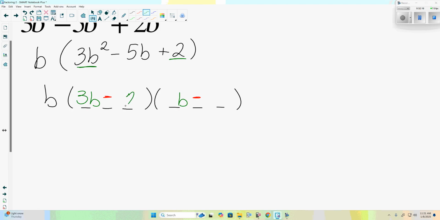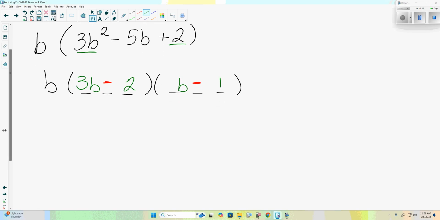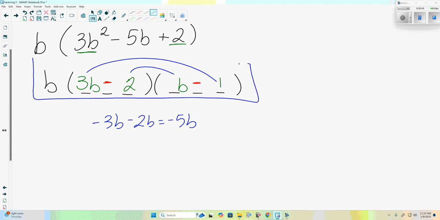Okay. 2 goes first. 1 goes second. And lastly, we can check this here to see if we have the correct factors. 3b times negative 1 is negative 3b. Negative 2 times b is negative 2b, giving us negative 5b, which is the correct middle term.